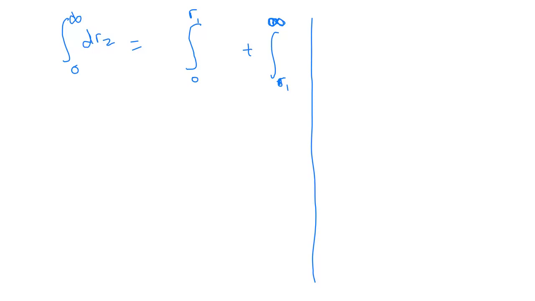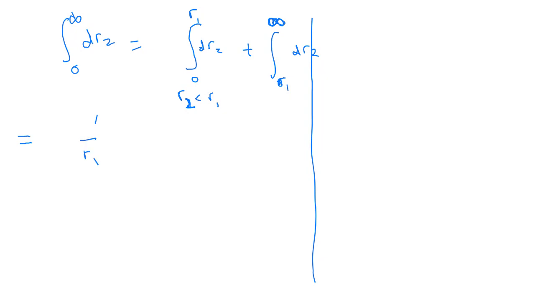And then we use the condition. So in this, remember that we're integrating over dr2. So this set of limits means that r2 is smaller than r1, right?